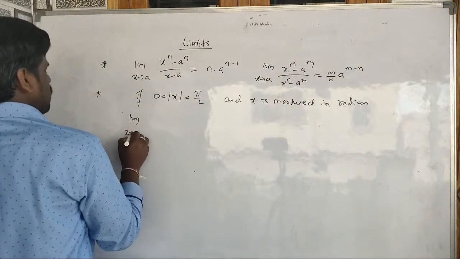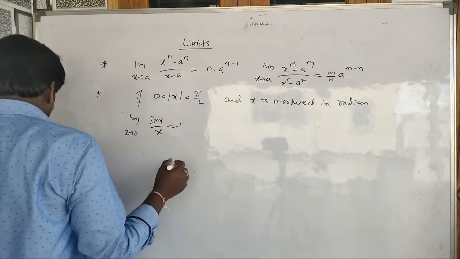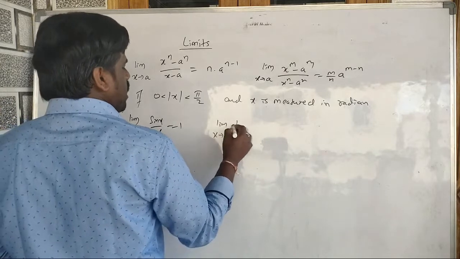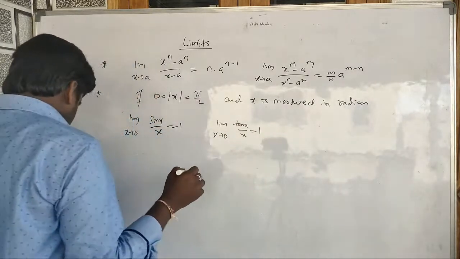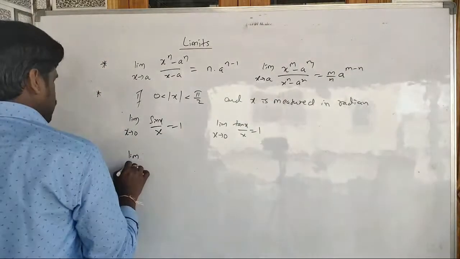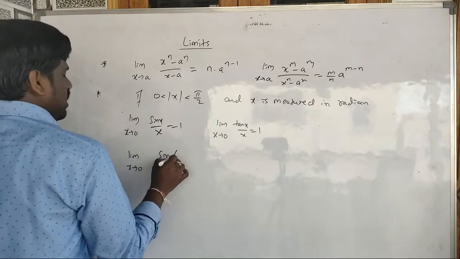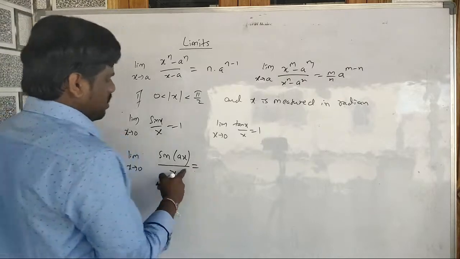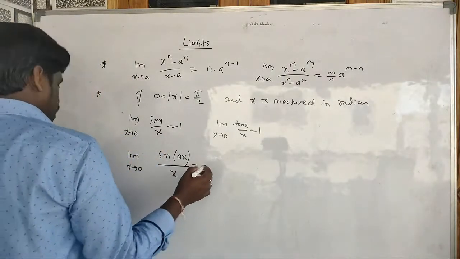Limit x tending to 0, sin x by x is how much? 1. Limit x tending to 0, tan x by x is equal to 1. You may think I'm rewriting, but I'm going to add some more formulas. Limit x tending to 0, sin ax by x: just remember directly a.